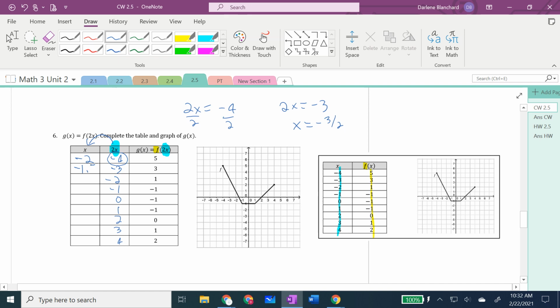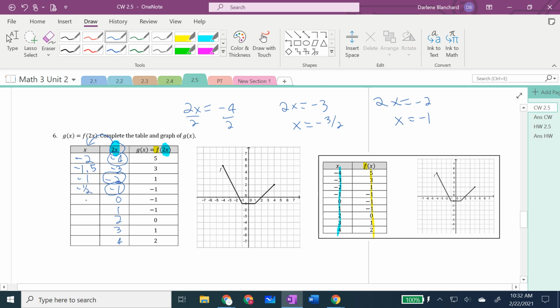I'll put negative 1.5. And then next I have 2x equals negative 2. Divide both sides by 2, and you get that x has to be negative 1. Negative 1 divided by 2, or negative 0.5 if you like.